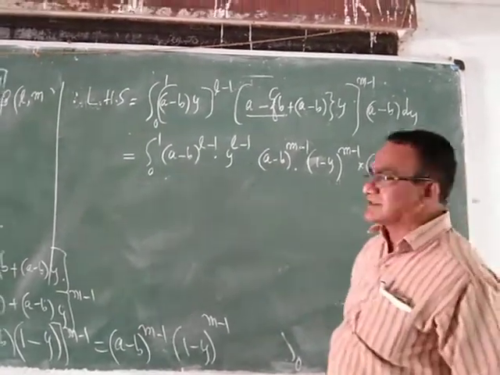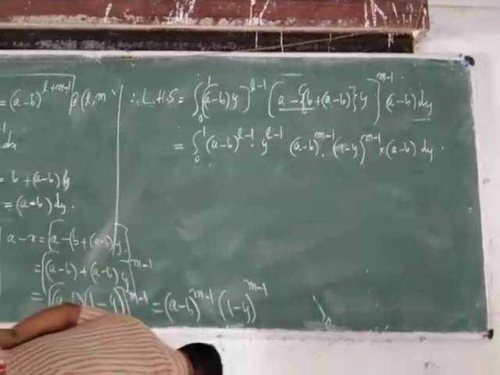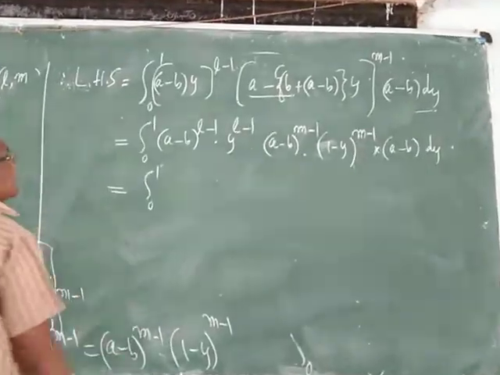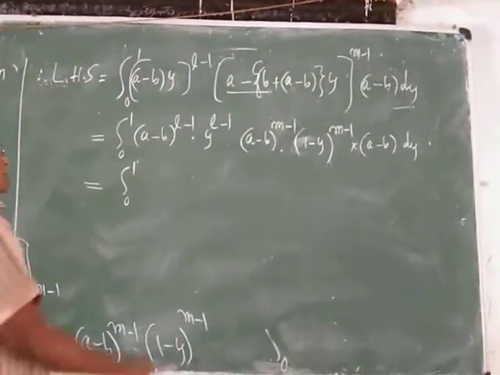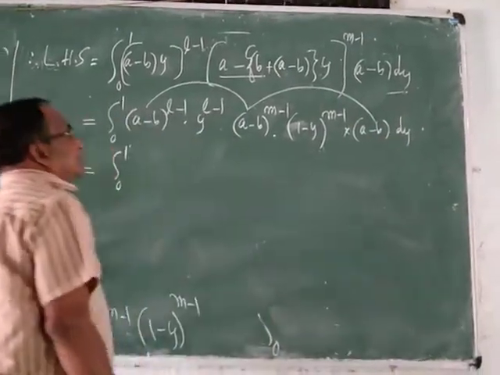You write it as it is. This is equal to the integral from 0 to 1, where you just collect the terms containing a minus b.